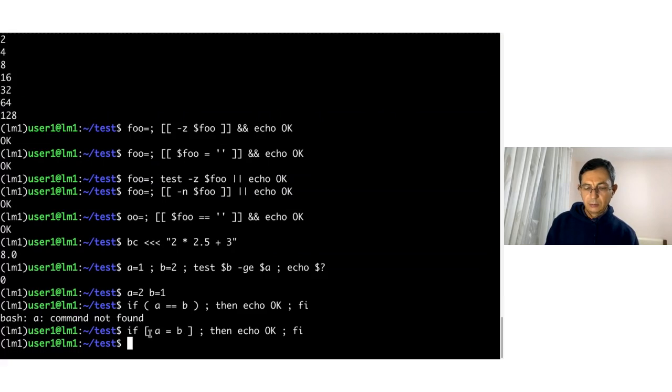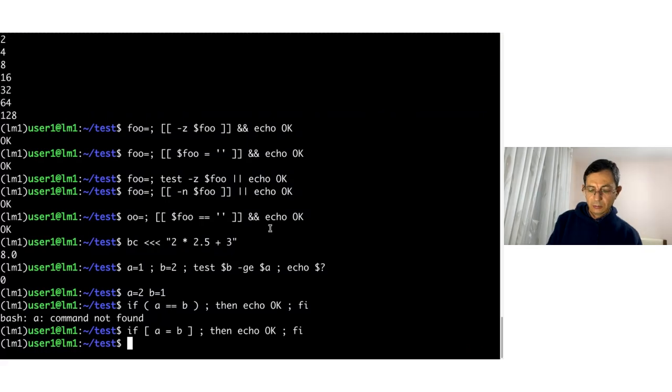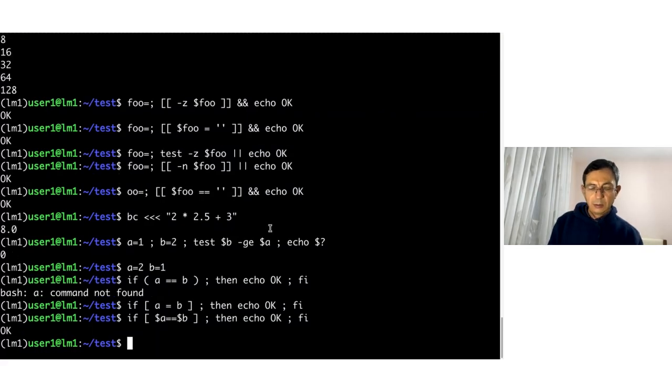This is okay, does not display an error, but A is not equal to B. The string A is not equal to the string B, so it does not print OK. And let's check this one too. This is also printing OK. This is strange. Okay.